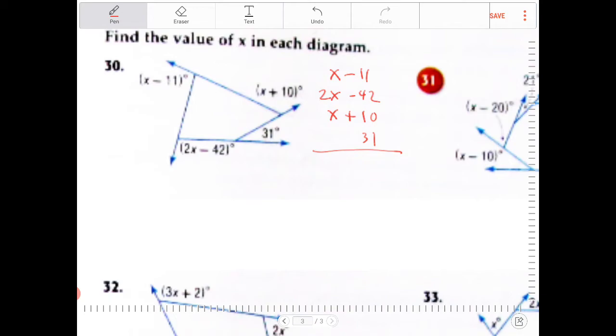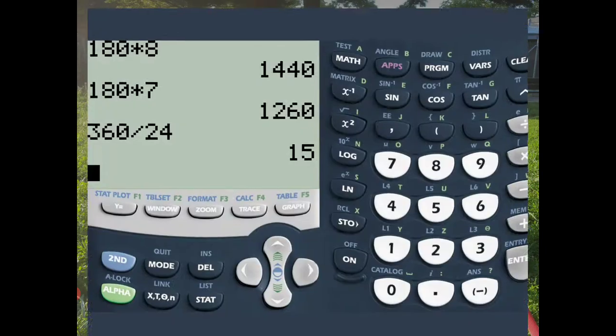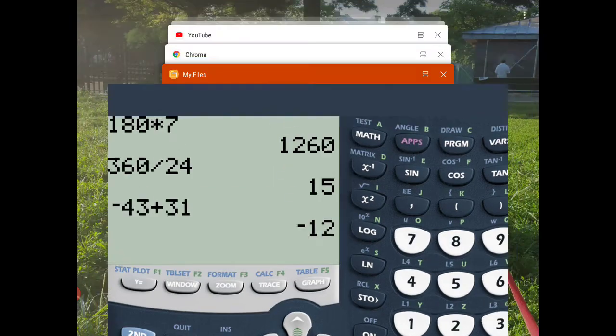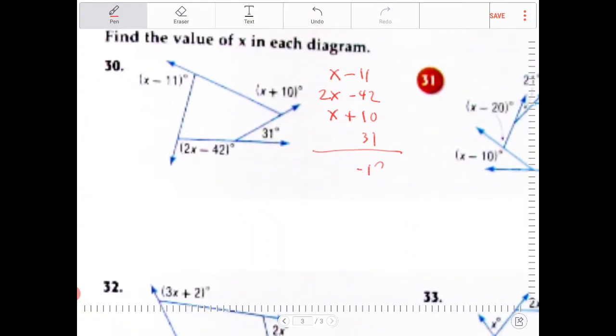Negative 43 plus 31 is equal to negative 12. So I end up with negative 12. x and 2x makes 4x. This adds up to 360. Add 12 to both sides. I end up with 4x is equal to 372. Divide by 4, x will equal 93.